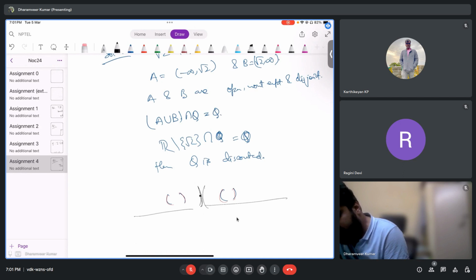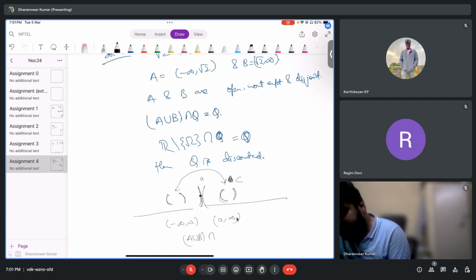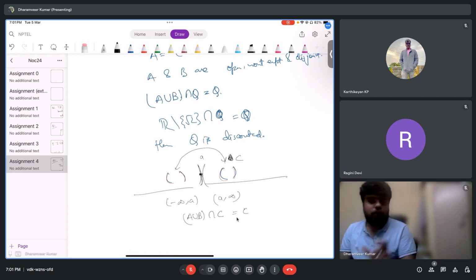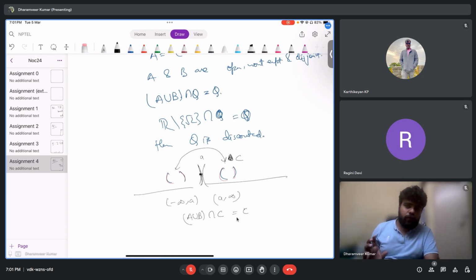Let's say this is a point A. Again, same thing: minus infinity to A, A to infinity, open, non-empty, disjoint. A union B, and let's call this set C. A union B intersection C: A union B was R minus A, intersection C is nothing but C. So this is the idea of disconnectedness.